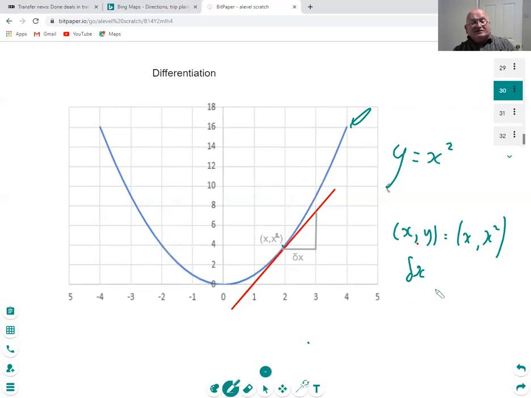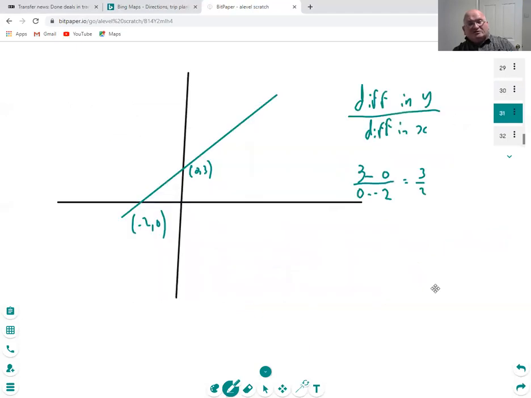Now, delta in this case is a Greek letter, but delta x means a change in x, and in this case, a very small change in x. So we're going to find out what the gradient is between 2 points, that point and the point a little way up the line, by delta x.